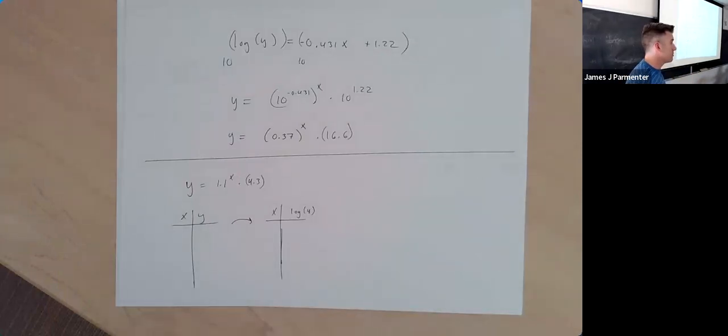You would never do this on a test. The type of question that you would get asked on a test more likely is the one we started with, where they're like, here's your relationship that's linear on a semi-log graph, work backwards to find the functional relationship.